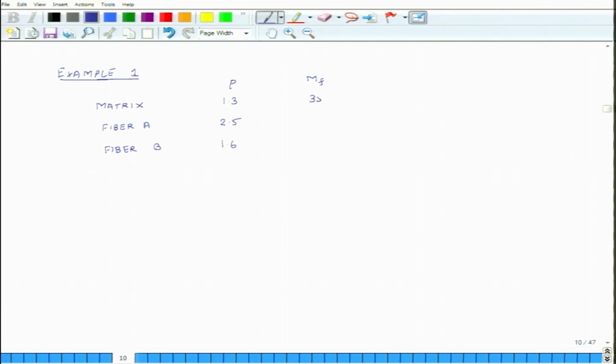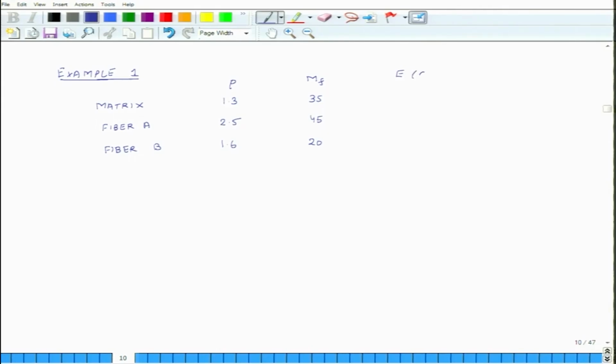So, this is 35%, 45% and 20%, and the Young's modulus of these materials. We assume that all these are materials with linear stress strain curves.